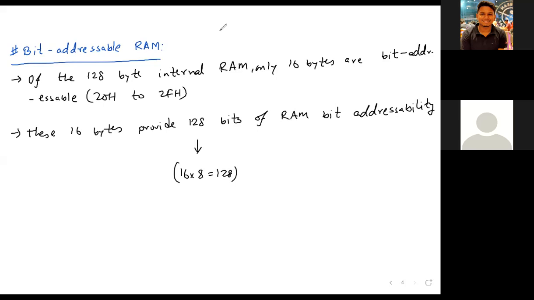So in this location from 20H to 2FH, we have got 16 bytes of memory, and these 16 bytes of memory you can access as a single bit. That means, in each byte there are 8 bits, and if you want, you can access those individual bits as a single instruction or as a single memory location. Let me draw the figure, it will be much more clear.